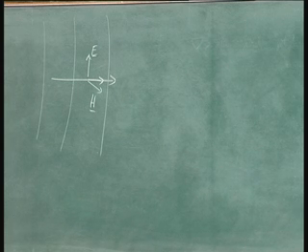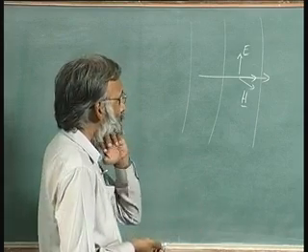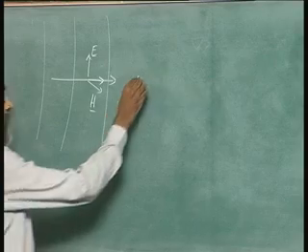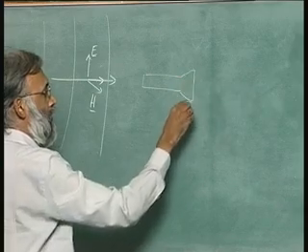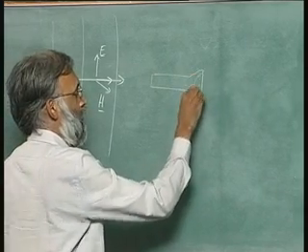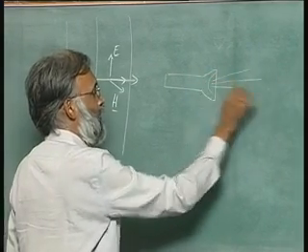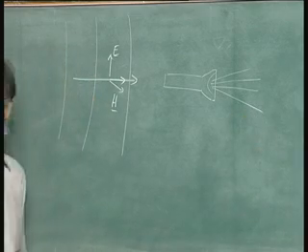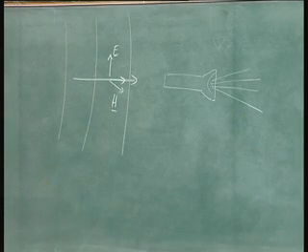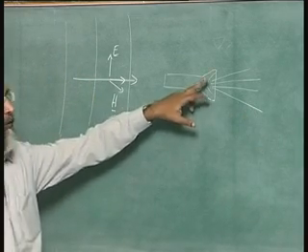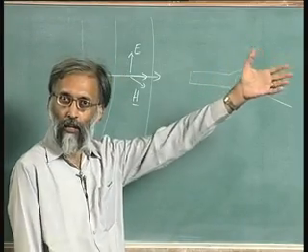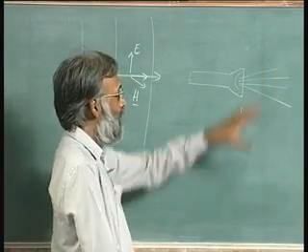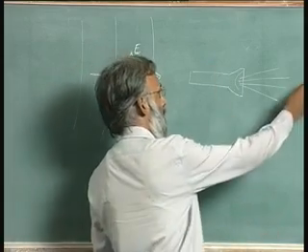Now, the first thing of interest to us is that if you had a torch and you shone light from this torch, you know that the light spreads. What that means is if you are standing somewhere and you shine a torch at the wall, a spot will appear on the wall.